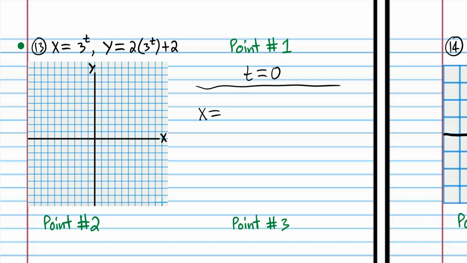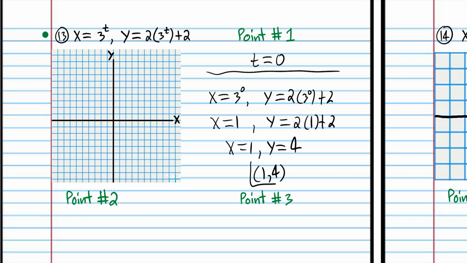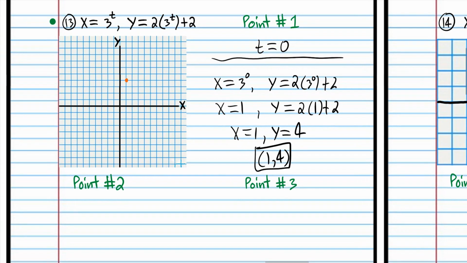There's no limitations on t, at least for these particular problems. Remember, in the previous problems that we did, there were limitations, but in this problem, there's no limitations for t. So x is 1 and y is 4. Our point is 1, 4. So we got that point.